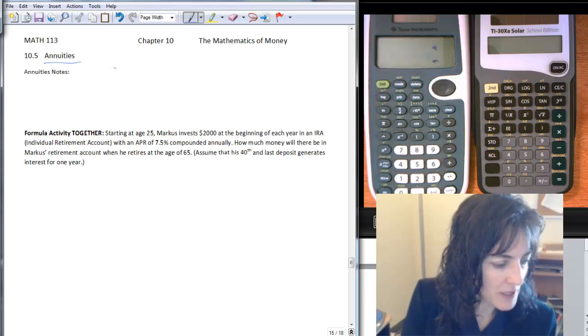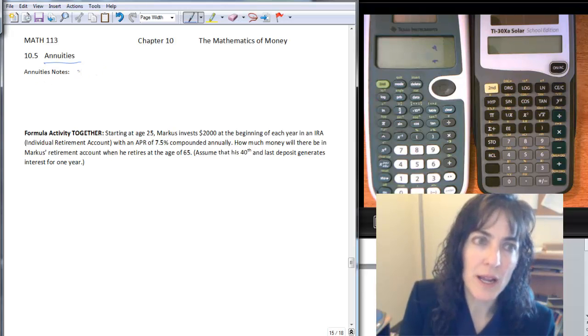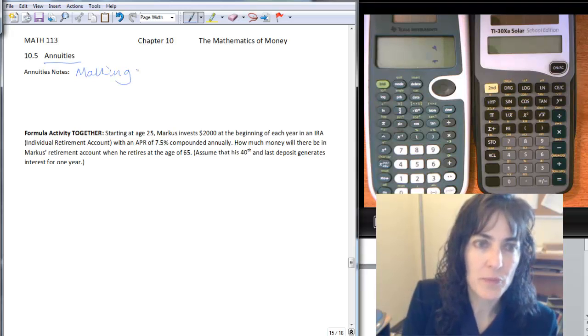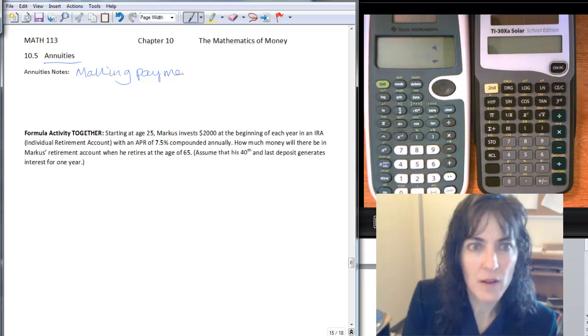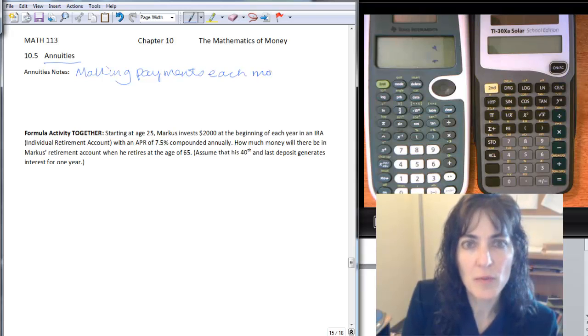So for the annuities, we start by making payments each month or each year.